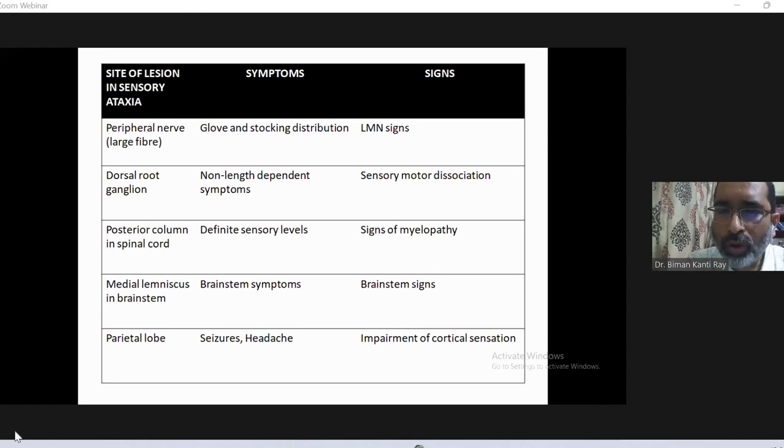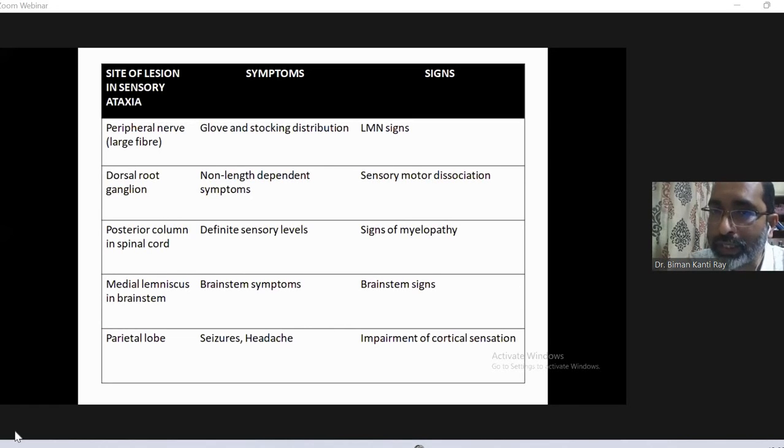Now, always first have a clear idea how to differentiate sensory ataxia due to different anatomical substrate involvement in the sensory system. This you can do only depending on two features.